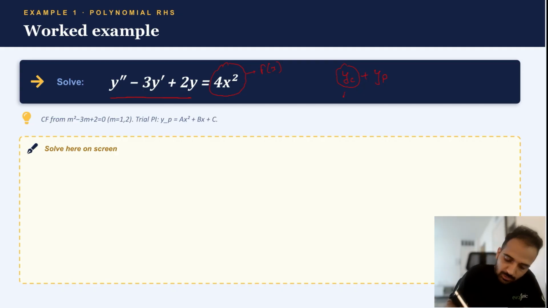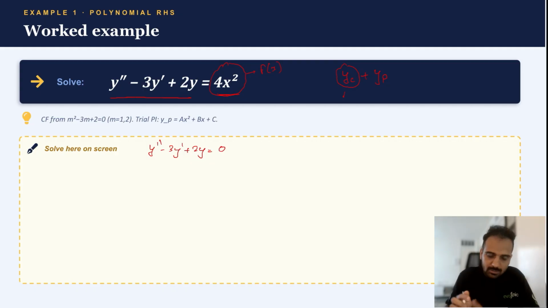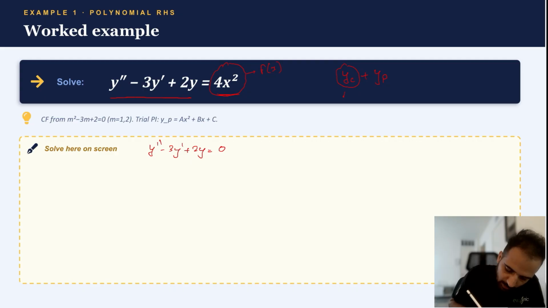To get the complementary solution, just put this 4x squared equal to 0 and solve it as we have done in our first part video. If this is equal to 0, this is homogeneous. This can be solved by using the auxiliary equation m squared minus 3m plus 2 equals 0.